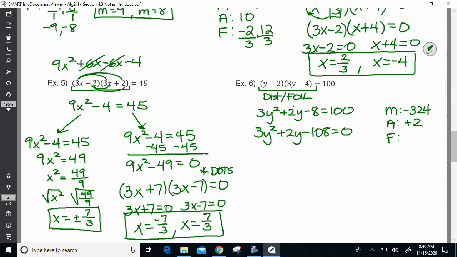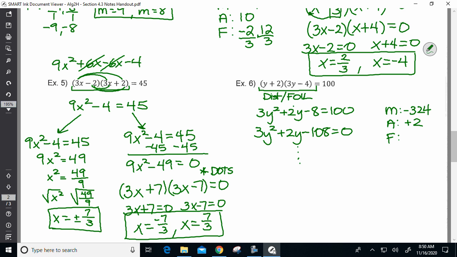So it's multiply to negative 324 and add up to a positive 2. So we look to see, are there two numbers that will allow us to do that? Which, fortunately, in this case, doesn't exist.